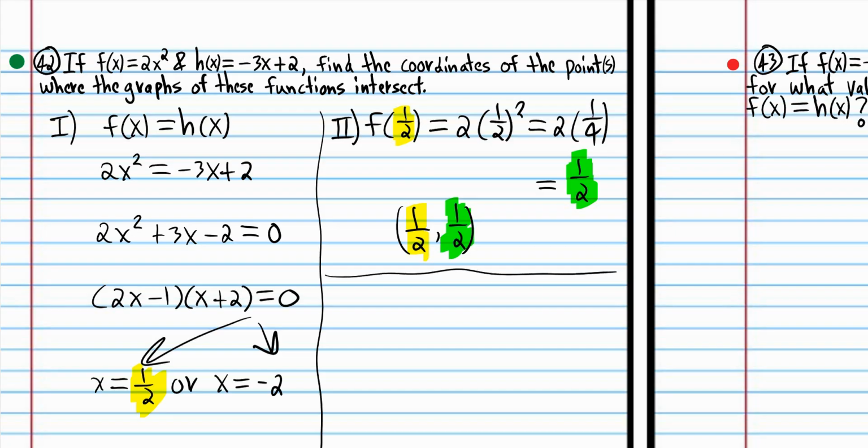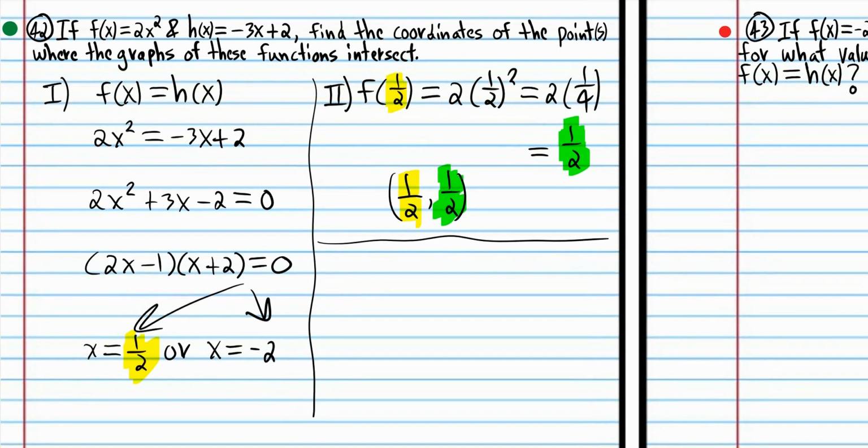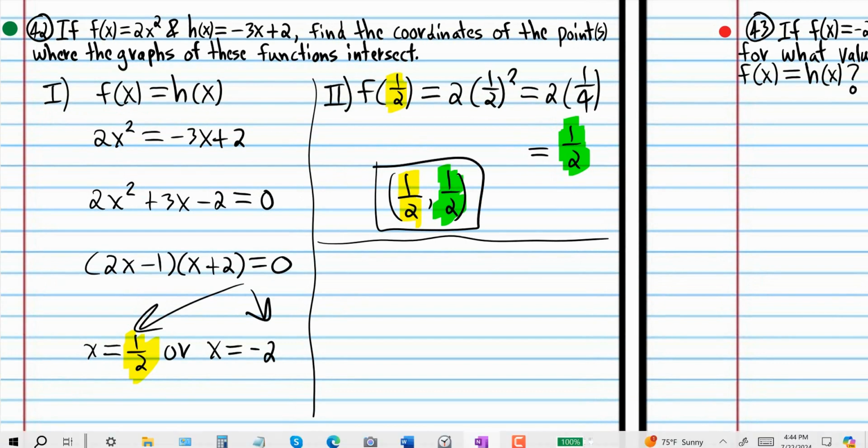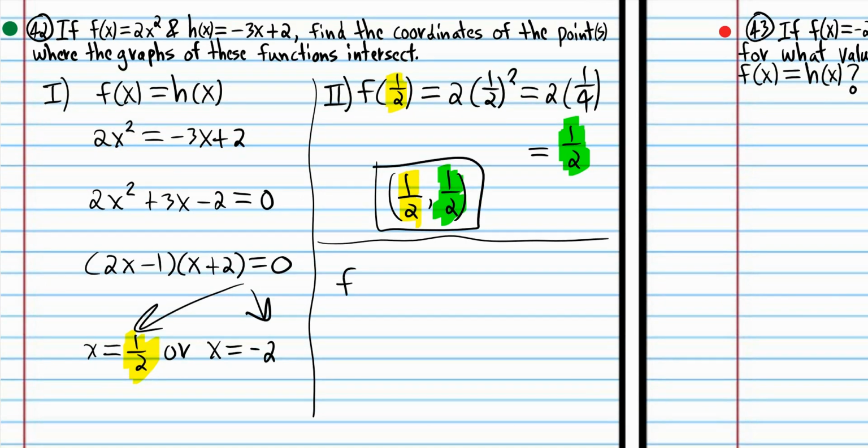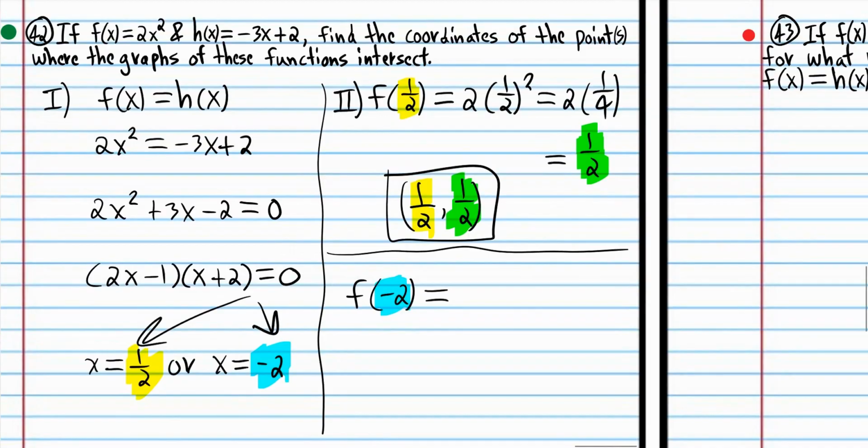Okay, and then I'm going to look for another point. I'm going to plug in the other x value into the same function, and we get 2 times 4, which is 8.